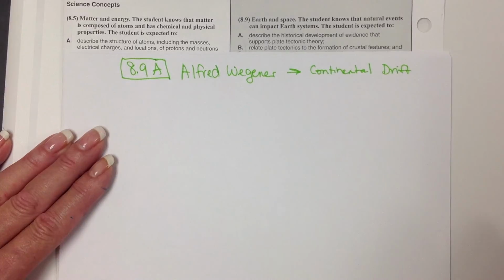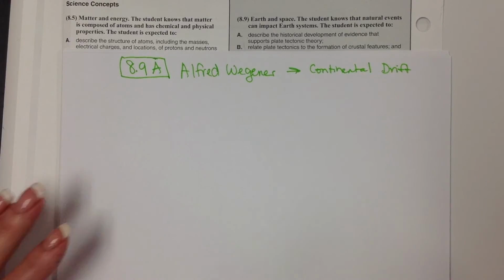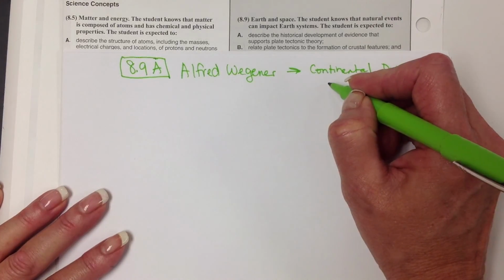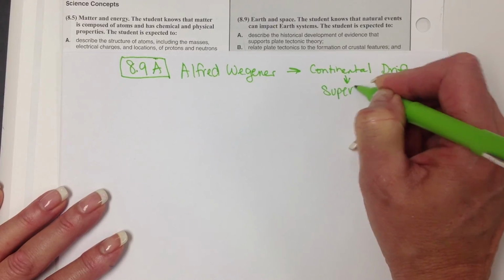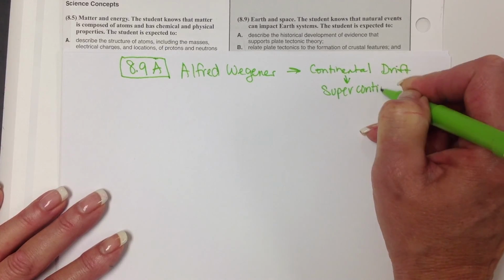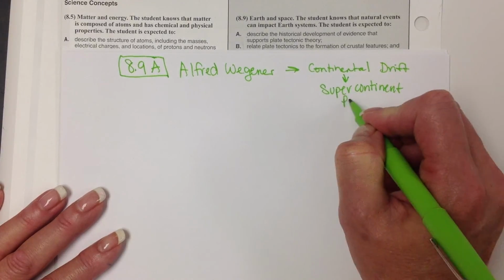And continental drift was a great thing. He had lots of evidence to prove that the continents had moved over time. And it is true, we did have a supercontinent Pangea. So he provided a lot of good evidence that continents had moved.